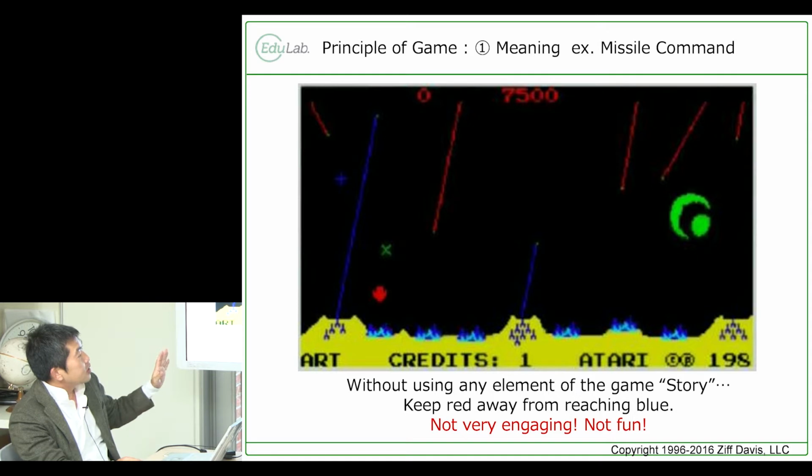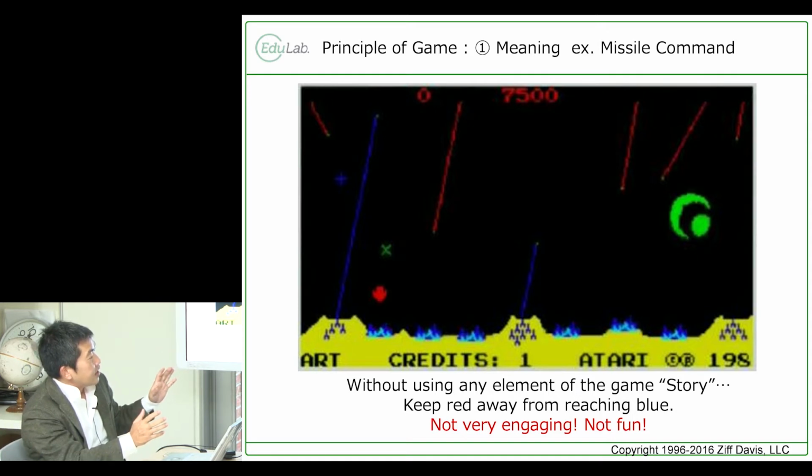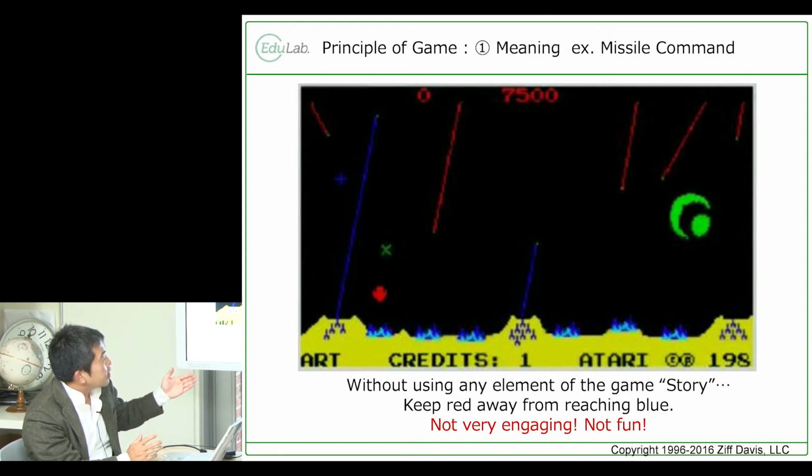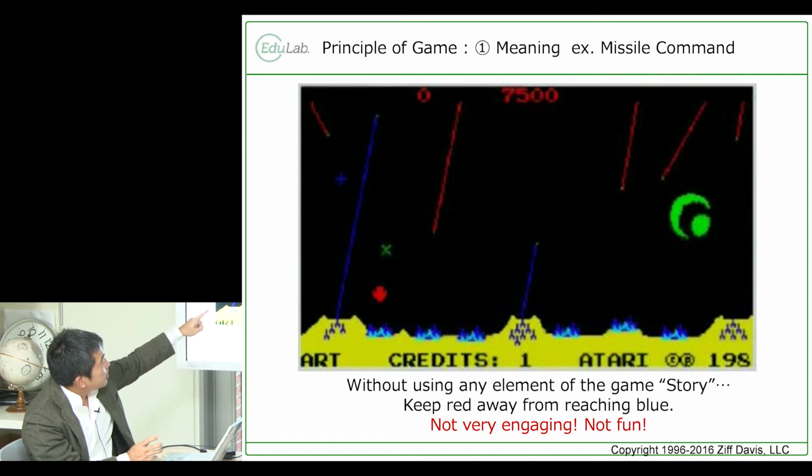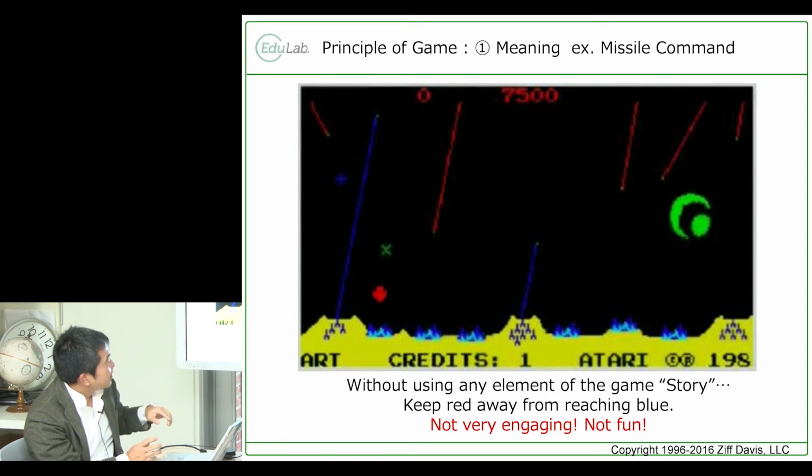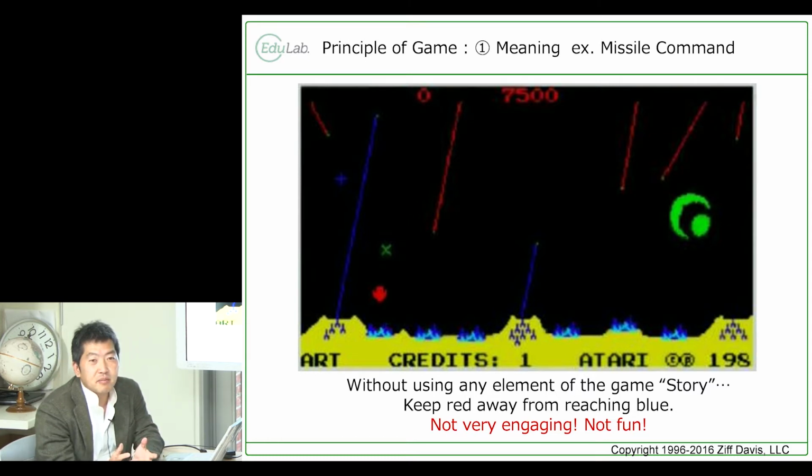If you exclude the story from this game, what you are basically doing is avoiding that red dot coming down and hitting you at the blue point. To avoid that, you have to use that blue dot and hit that red one. This is not interesting, right? Because there's no story to it. It just describes what you have to do.